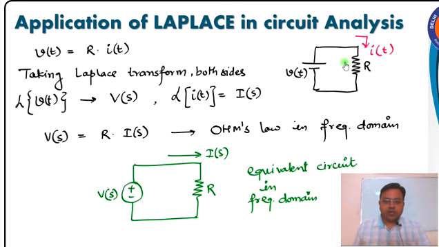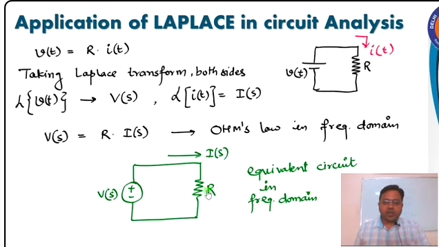So the things that are changed, let us see. v of t has changed into V of s. It was a voltage source, and it is still a voltage source here. The current i of t is changed into I of s. It was a time dependent current, and over here it is a frequency dependent current. If it is a resistance here, it is still a resistance here.